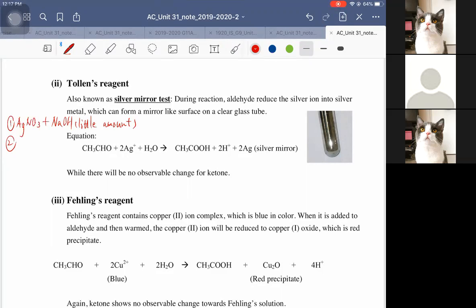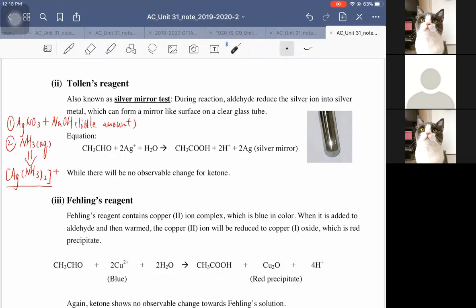I'll show the video, you will see it. And then you need to add aqueous ammonia solution, okay, until no precipitate is left in that solution. And then you will get your Tollens reagent. And the active part of that reagent is this complex ion.